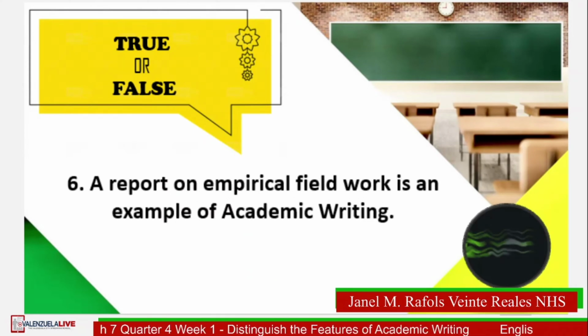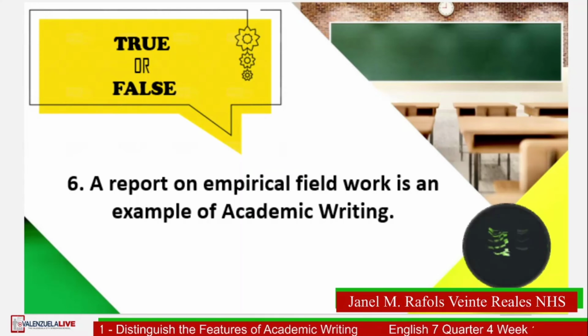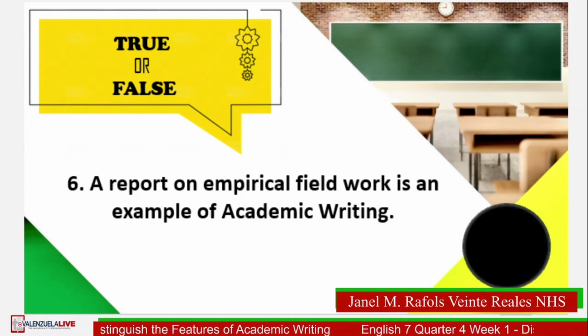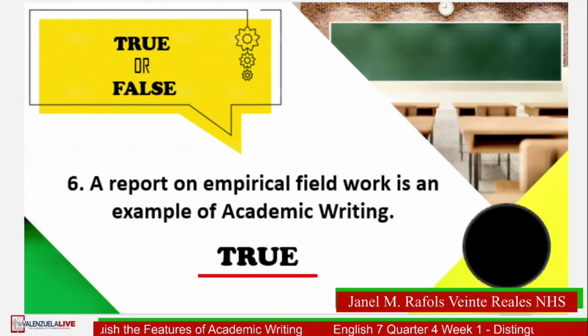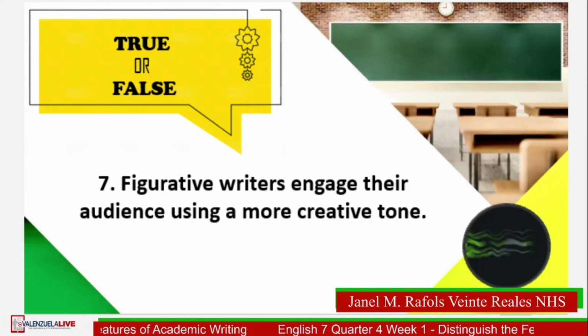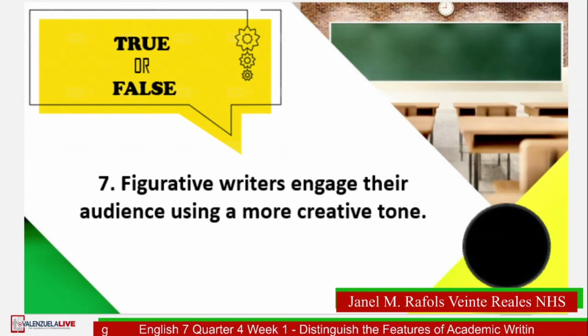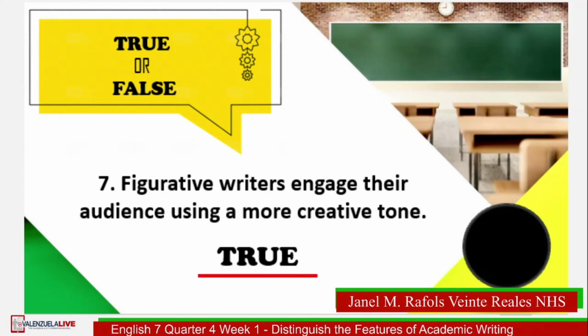A report on empirical field work is an example of academic writing. The answer is true. Number 7. Figurative writers engage their audience using a more creative tone. The correct answer is true.